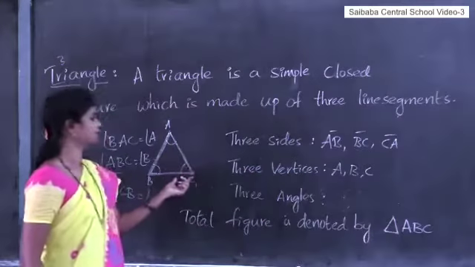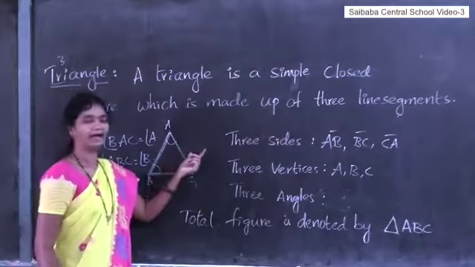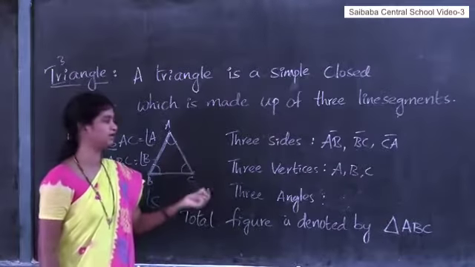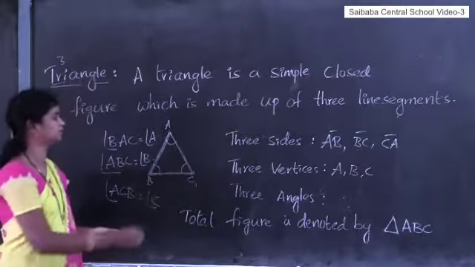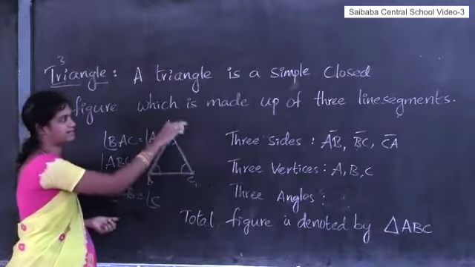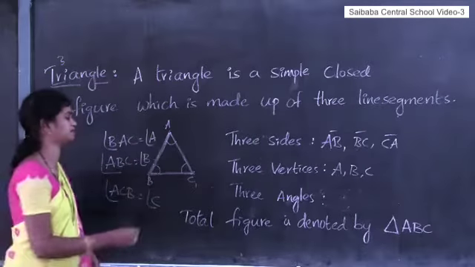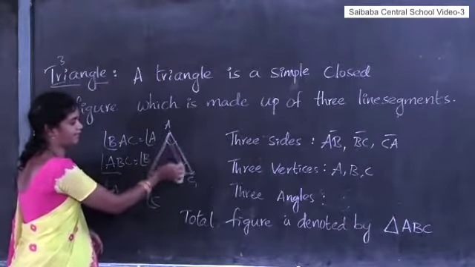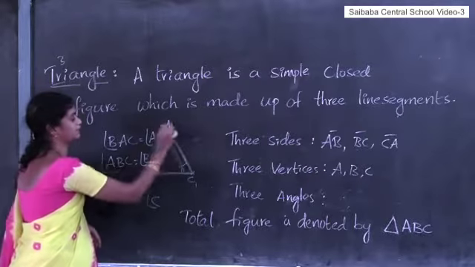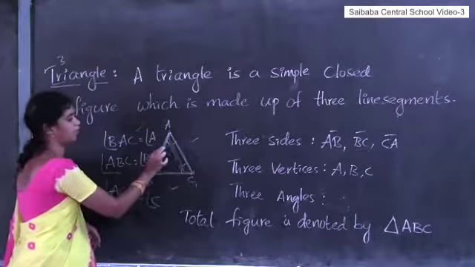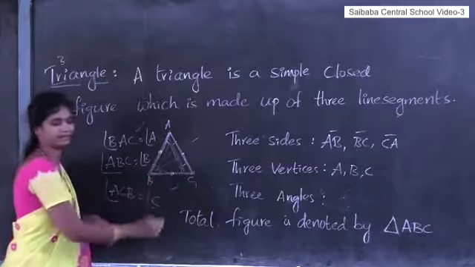As earlier, an angle divides the region into three parts. Here also, the triangle divides the region into three parts: interior of the triangle, exterior of the triangle, and the boundary of the triangle.